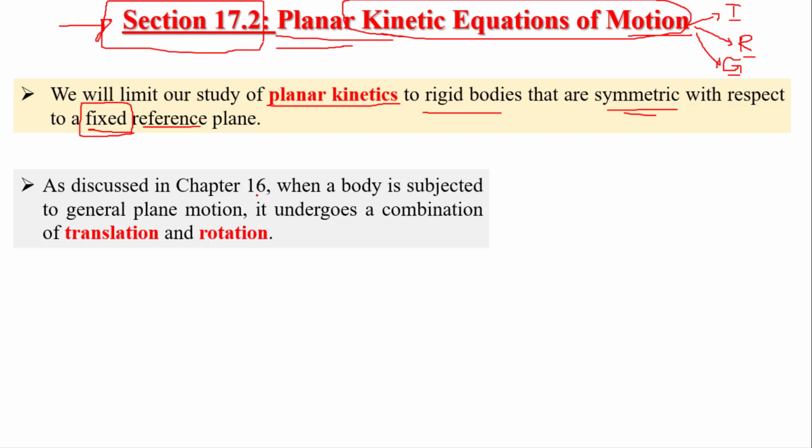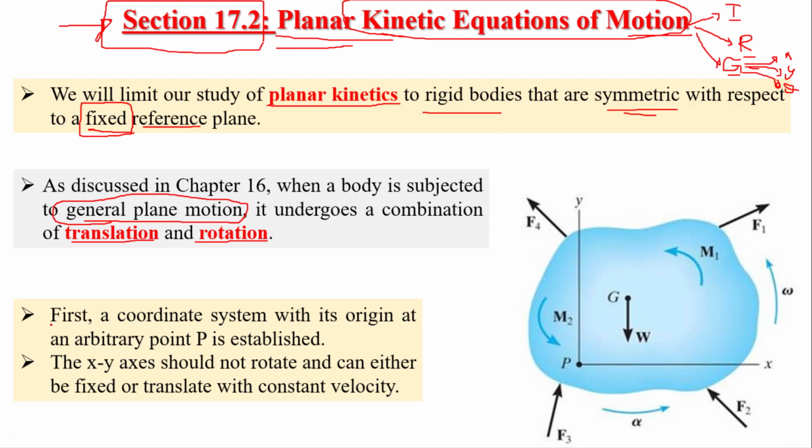When a body is subjected to general plane motion, it undergoes a combination of translation and rotation. In this type of motion, we'll use three equations: summation of force about x, summation of force about y, and the rotation.